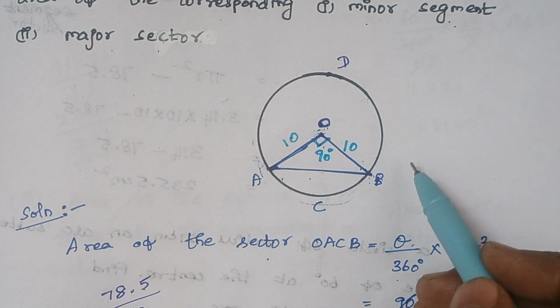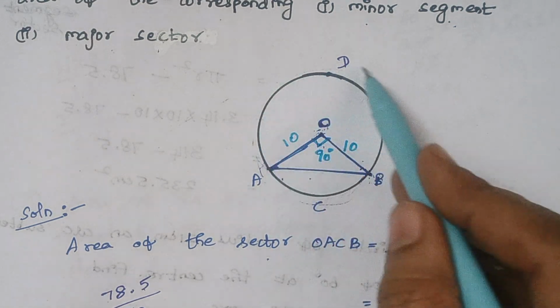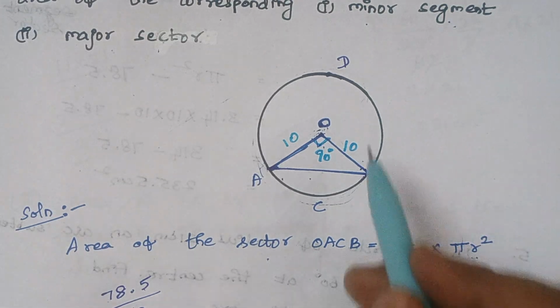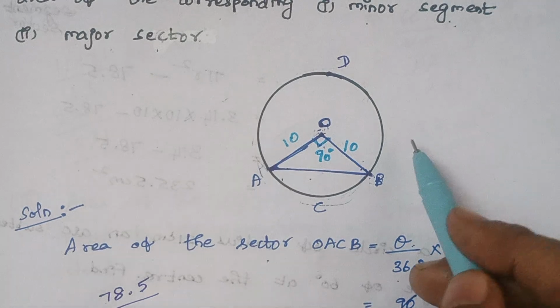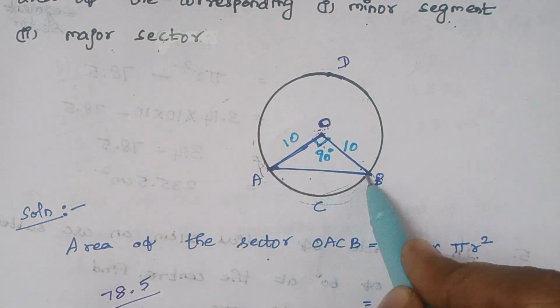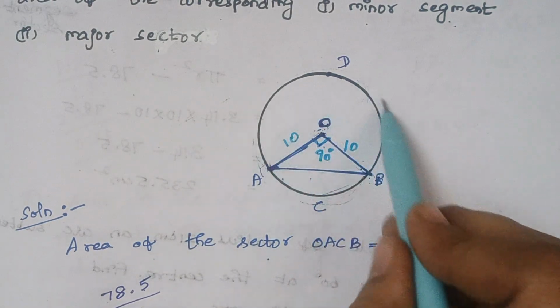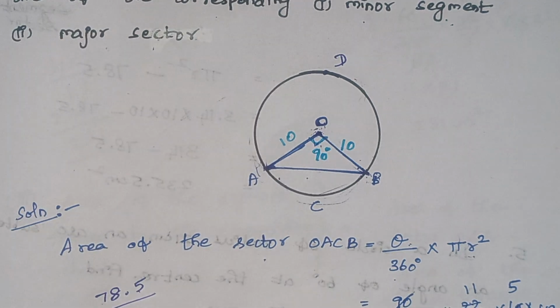You want only this part, so we find the area of the whole circle and then subtract this part, and we can easily get the value of this area.